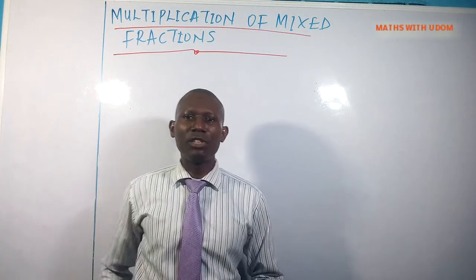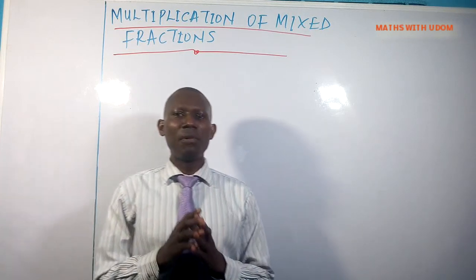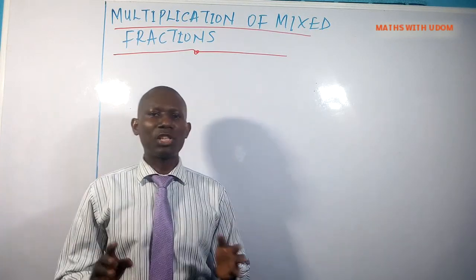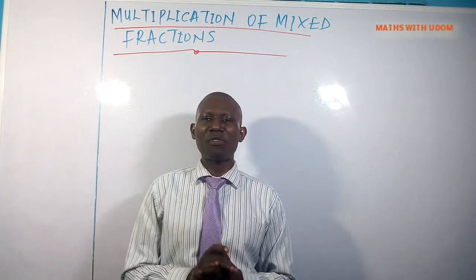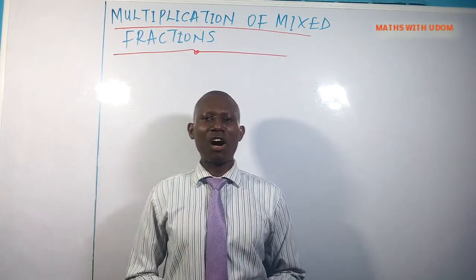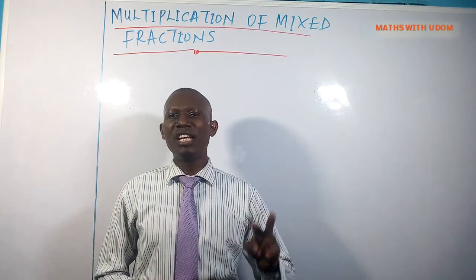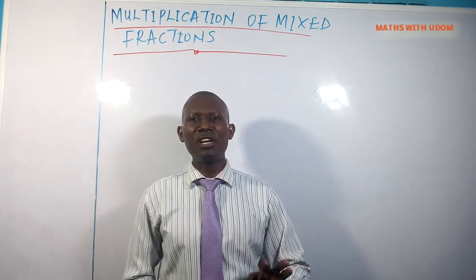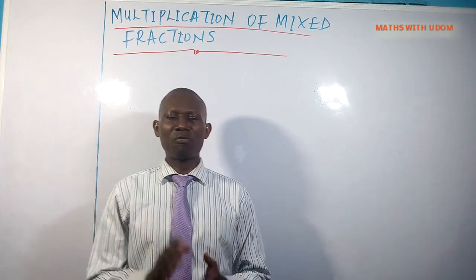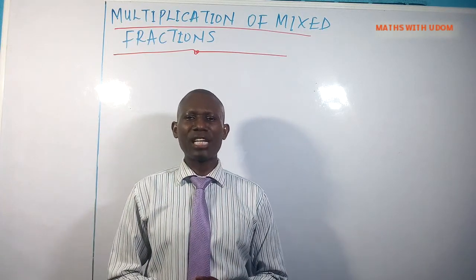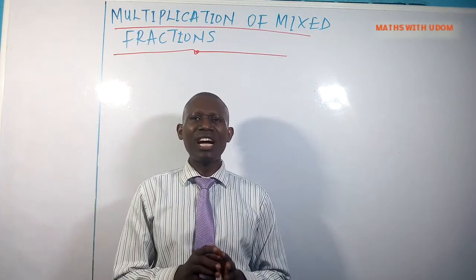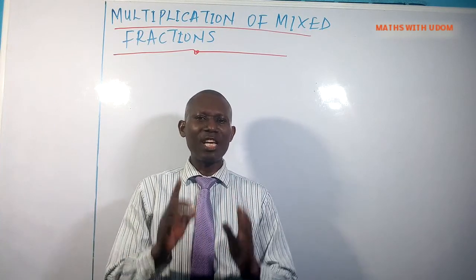But let me quickly give you the tip in solving a problem on multiplication of mixed fractions. Of course, mixed fractions are also known as mixed numbers. We have three steps involved in solving any problem involving multiplication of mixed fractions. Step number one is that we change the mixed fraction into an improper fraction.